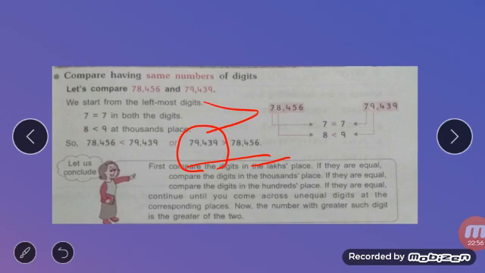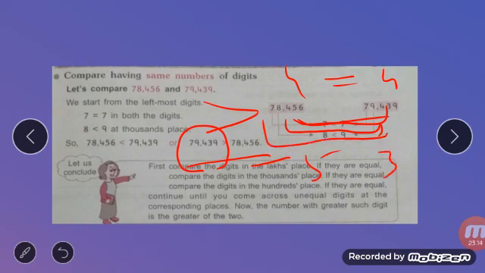Understood how to compare the numbers? If you get the same number in the second place also, then you have to go to the third place. Then you have to compare the third. The third place both have 4, 4, so that is equal. Then you have to see the fifth place. Fifth place, here 5 is there, 3 is there.